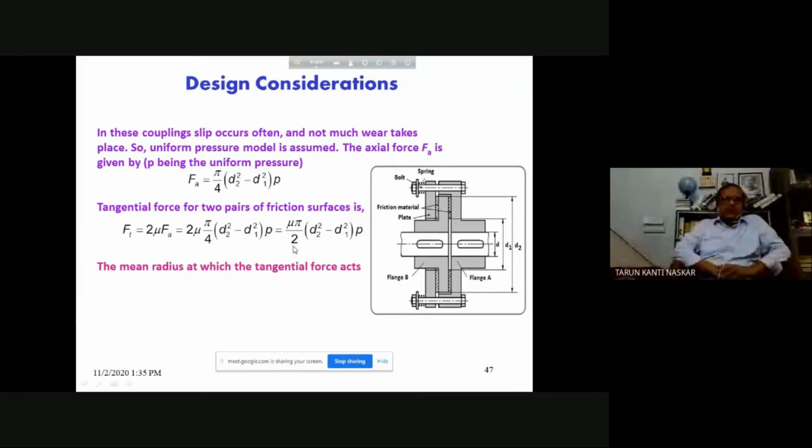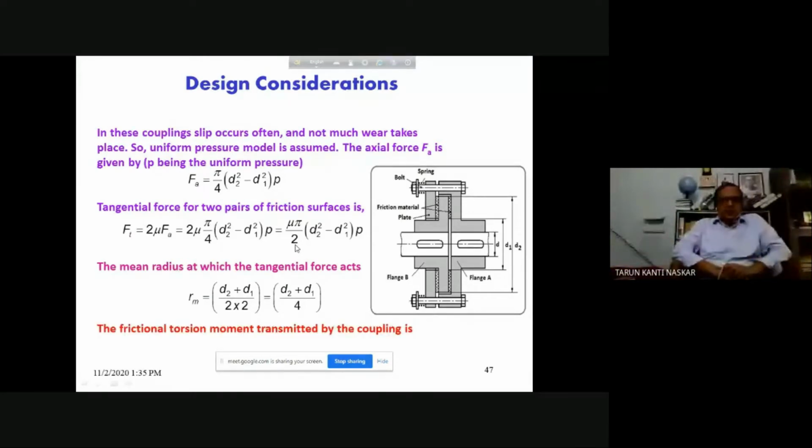Now the mean radius at which the tangential force acts is (D2 + D1) divided by 2 into 2, that is the mean radius. So the mean radius is (D2 + D1)/4. So the frictional torsion moment transmitted by the coupling is obviously Ft multiplied by Rm. Ft is already found out, so you multiply this by Rm and you will get an expression.